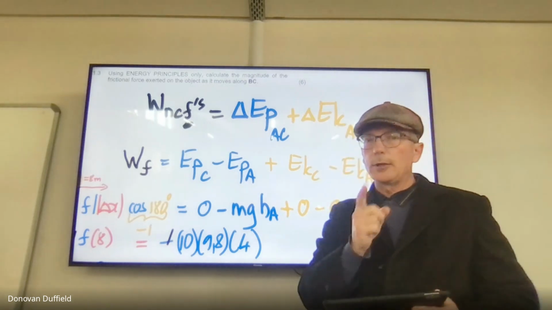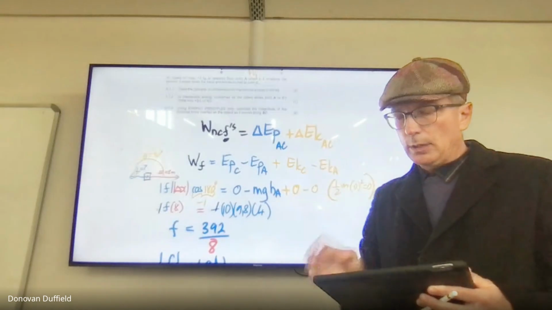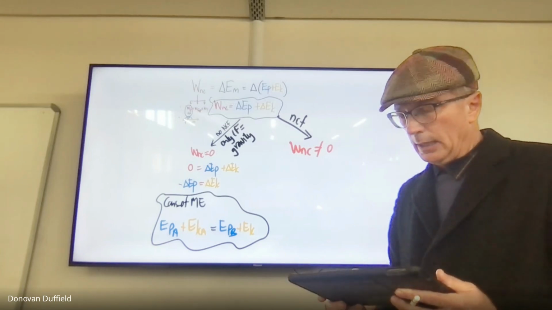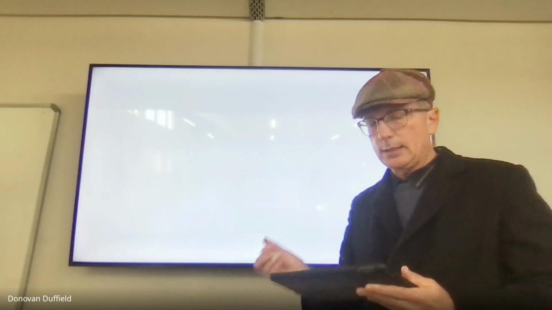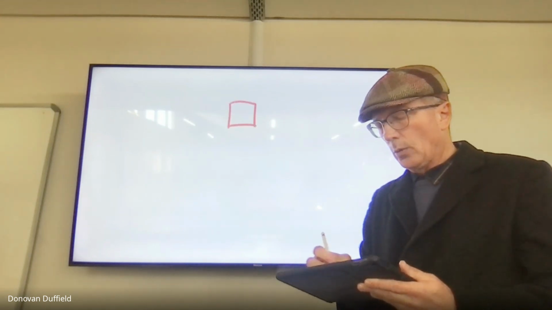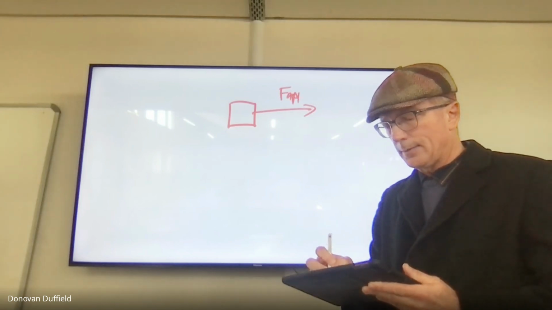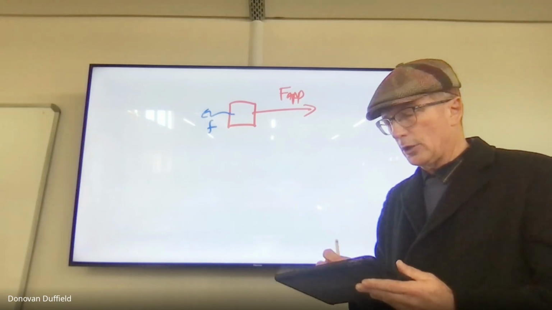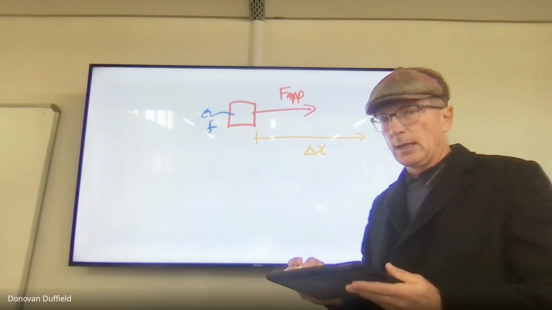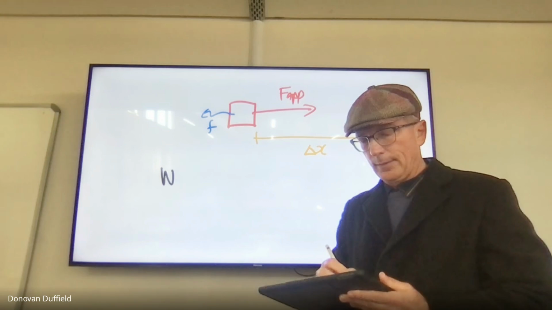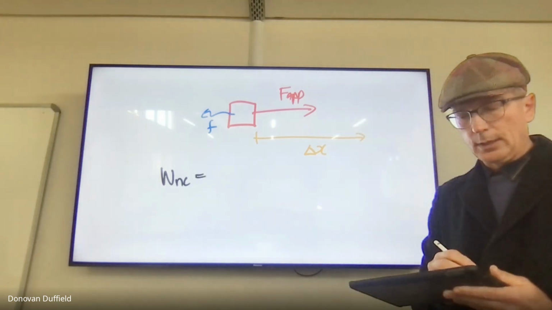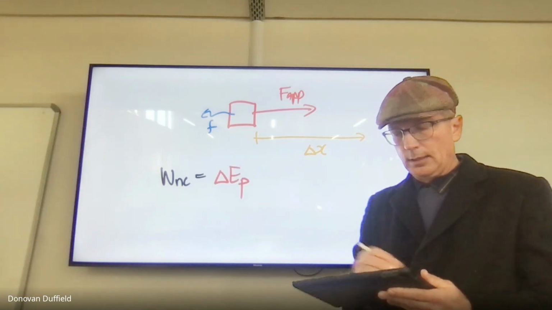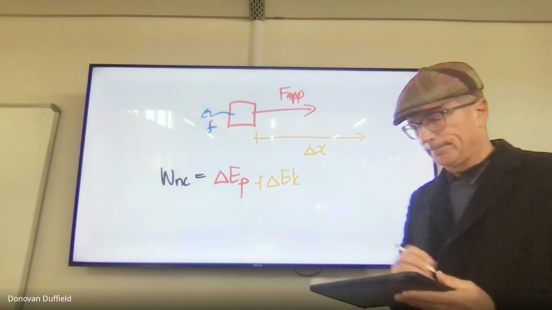But when we talk about WNC, we need to be careful. If I've got a system like this, where I have an applied force to the right, a frictional force to the left, and a change in position like this, then WNC is going to equal the change in mechanical energy, the change in potential energy, plus the change in kinetic energy.